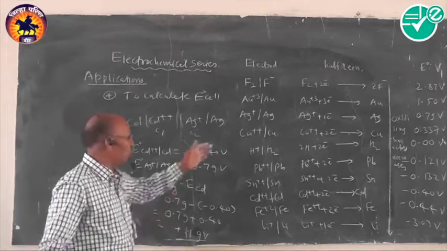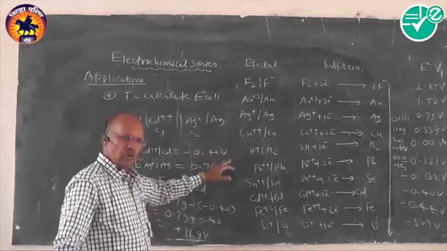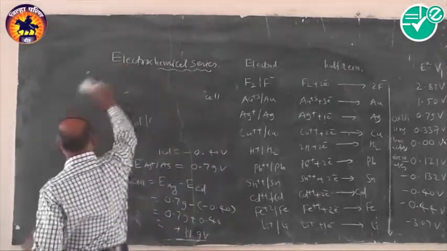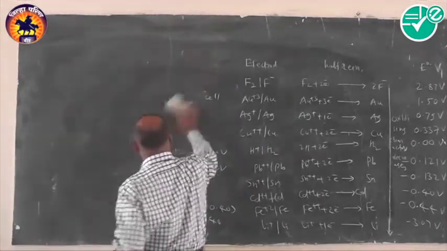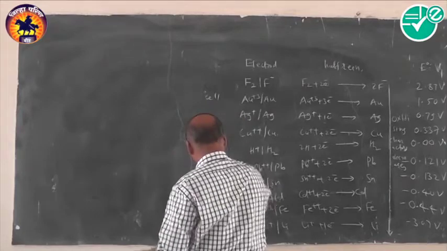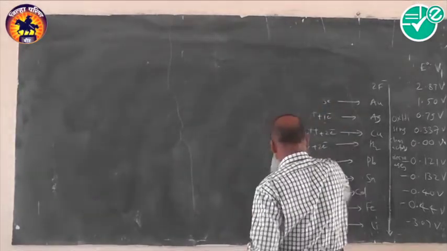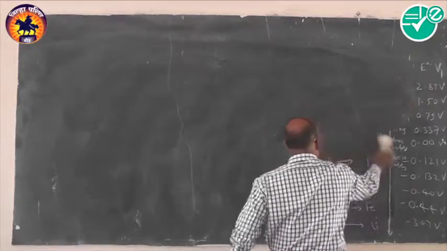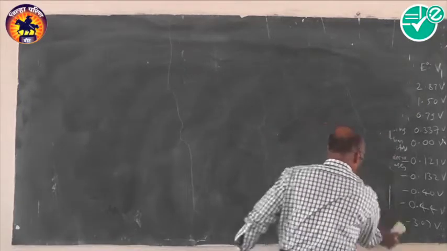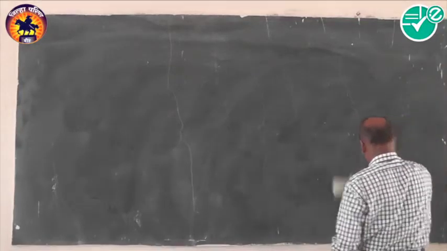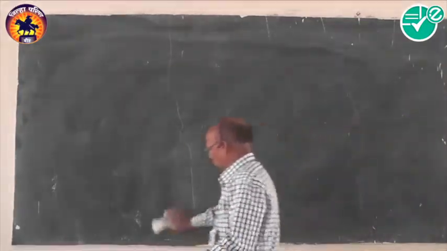And fourth one is to calculate E standard cell for the given reaction. In this fashion, try to remember the electrochemical series and its applications. It is very simple, very easy and important from the exam point of view. We will clear it by remembering some of the values of standard potentials from the given data.